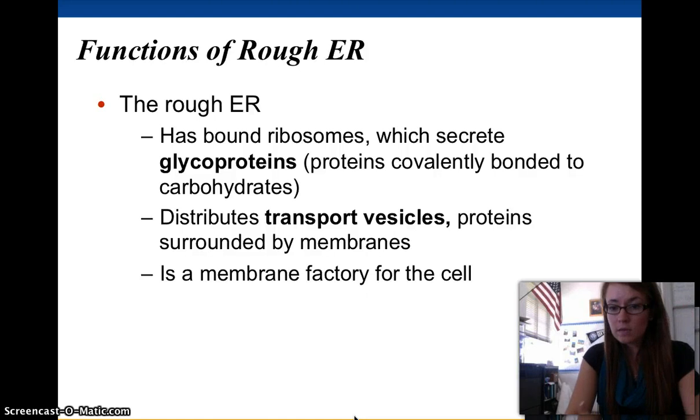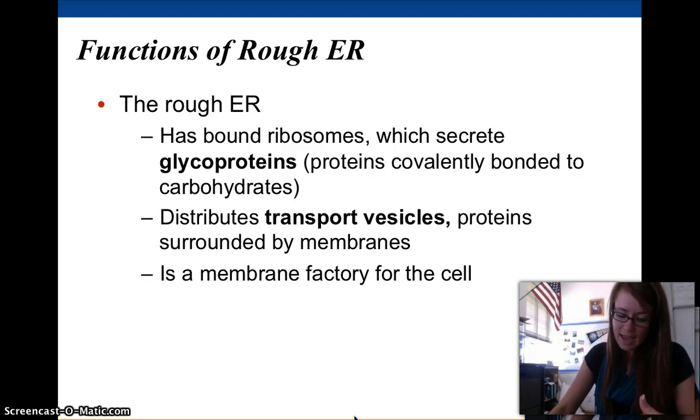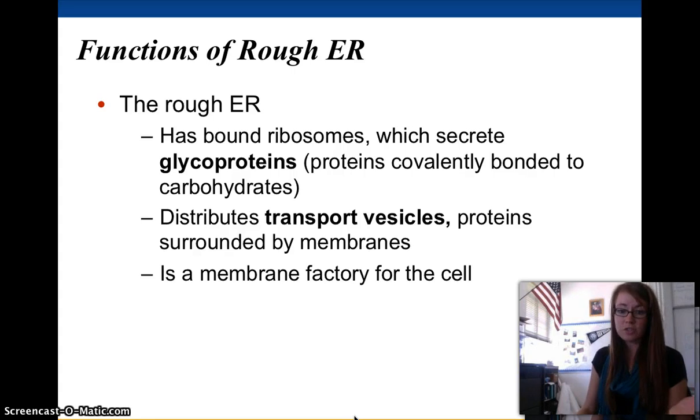So any protein that's made by the ribosome on this rough ER is going to be sent off in a transport vesicle. And this is so that they can be released into the bloodstream. So this would be any sort of secretory protein, things that need to be secreted. A lot of these are glycoproteins, and the carbohydrates get attached to the glycoprotein in the rough ER.